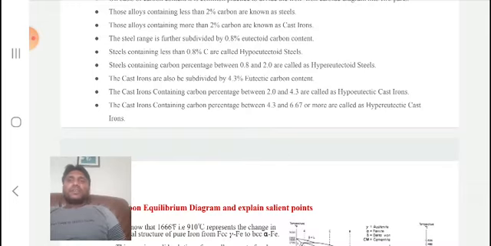The cast irons containing carbon percentage between 2 and 4.3 are called hypoeutectic cast irons. The cast irons containing carbon percentage between 4.3 and 6.67 or more are called hypereutectic cast irons.